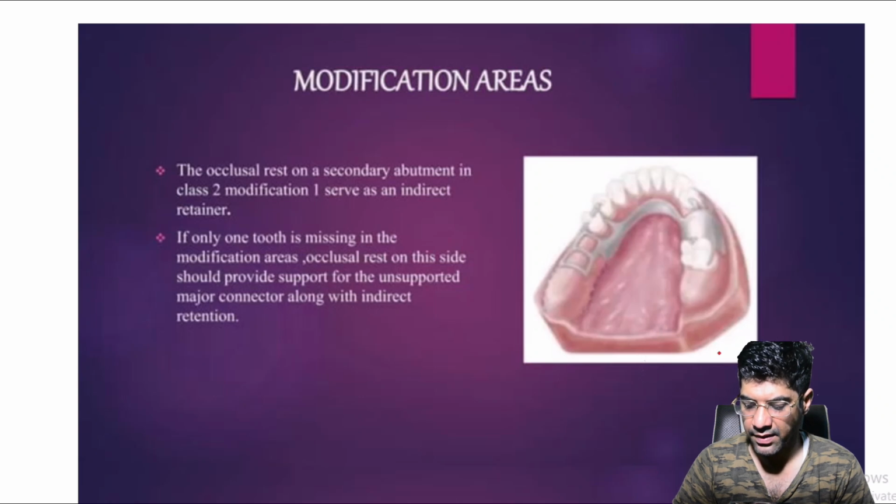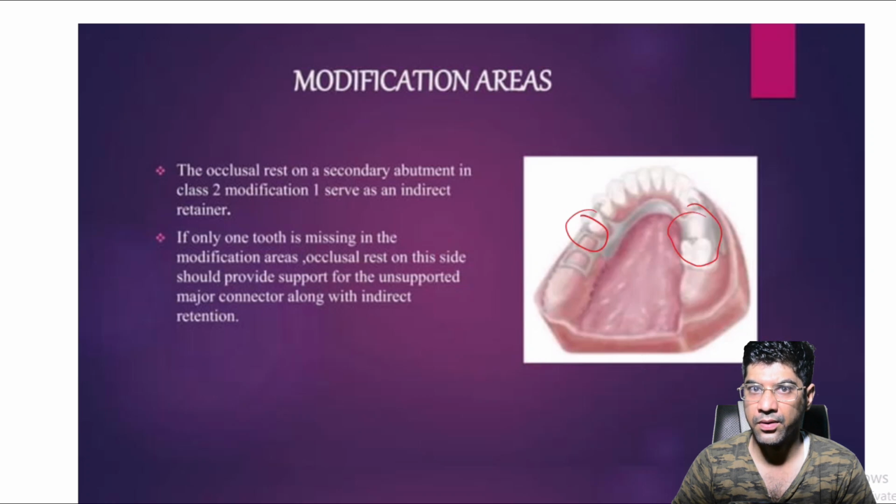In cases of class 2 modification 1, if the fulcrum line runs from the left second premolar to the right second molar, the supportive element of the direct retainer on the right first premolar can act as indirect retainer, as it is sufficiently distant from the fulcrum line.